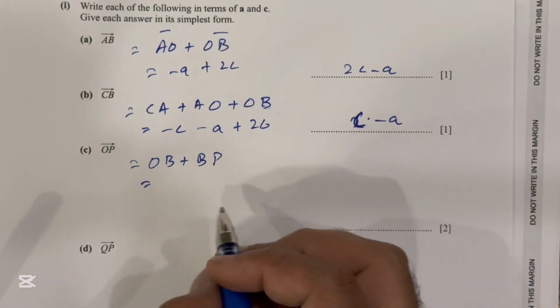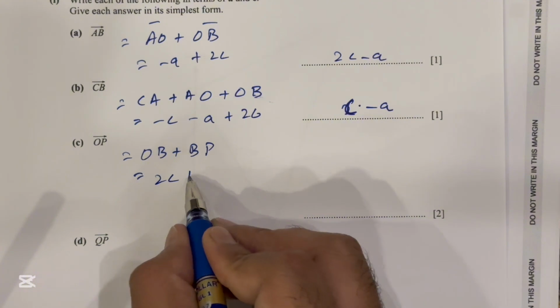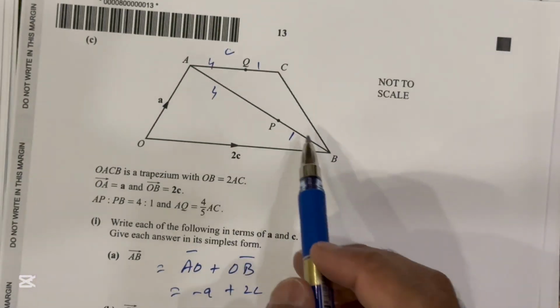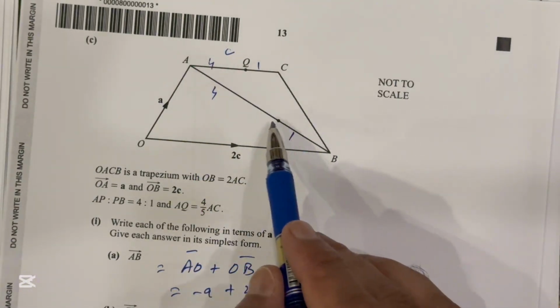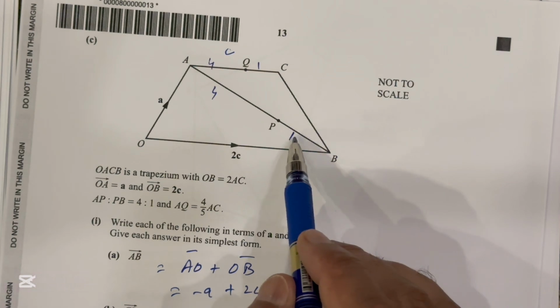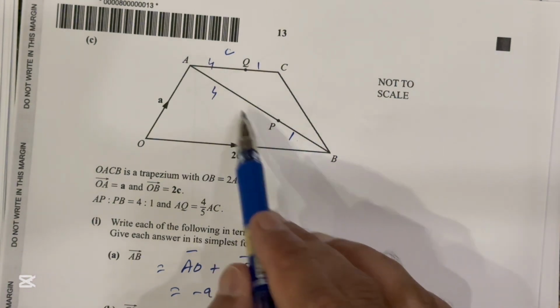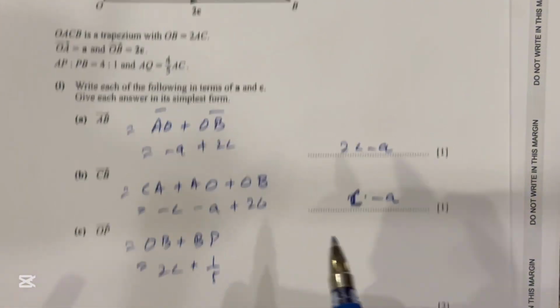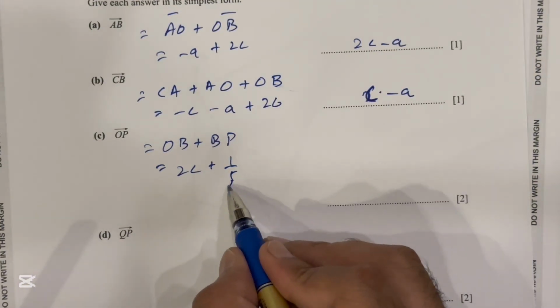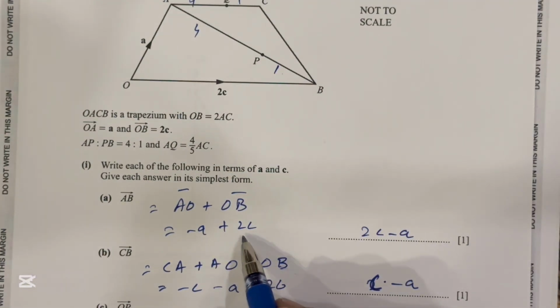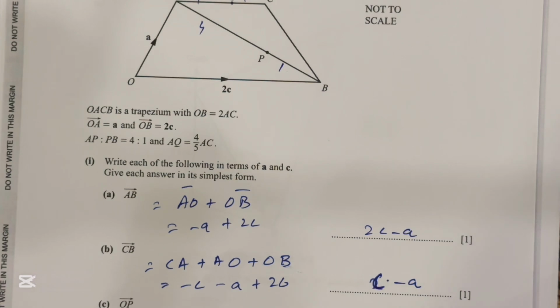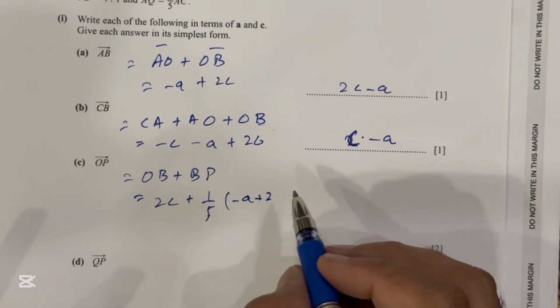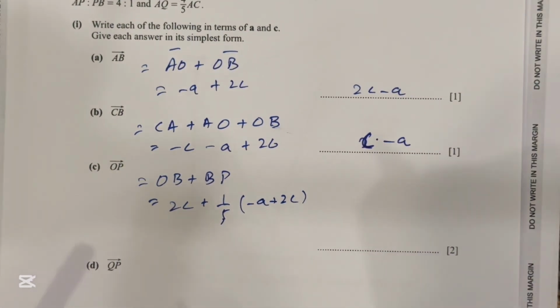OB is 2C. What is BP? We know that this whole AB is 5, then this PB is 1/5. So we have calculated the whole AB. So we're going to take 1/5 of it. AB value was minus A plus 2C. So you have to use minus A plus 2C to get the answer.